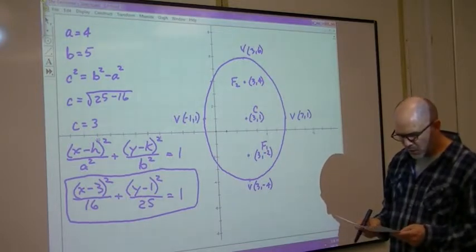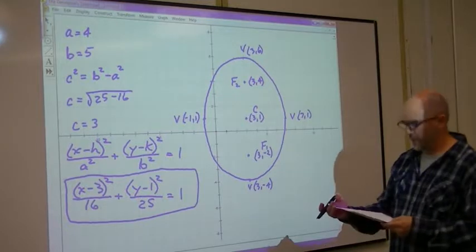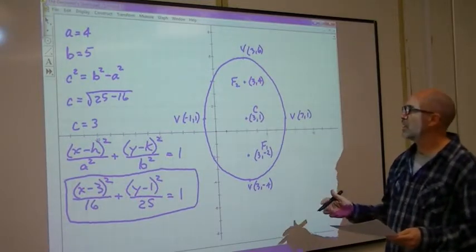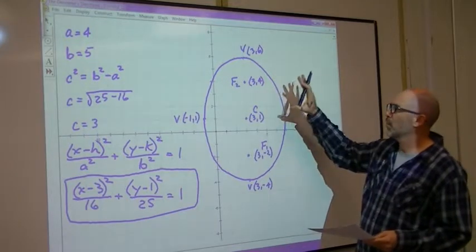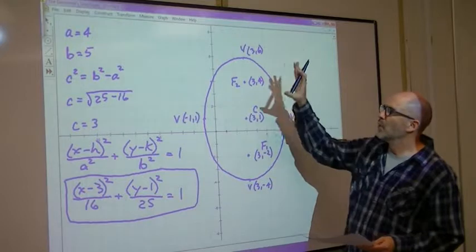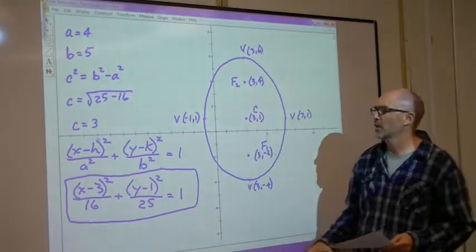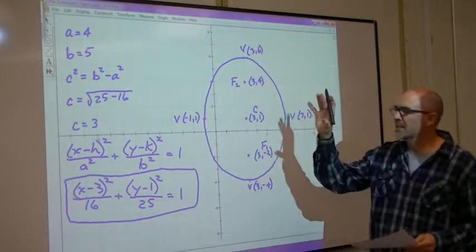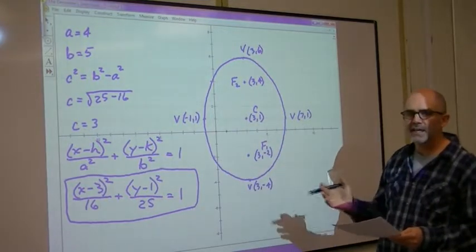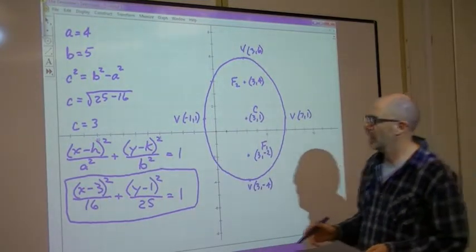Okay, so let's try another one. This time we're going the other direction. The first problem we were given all the features of the ellipse and we were asked to get the equation. The next one we're going to take the equation of the ellipse and graph it and label all the features.